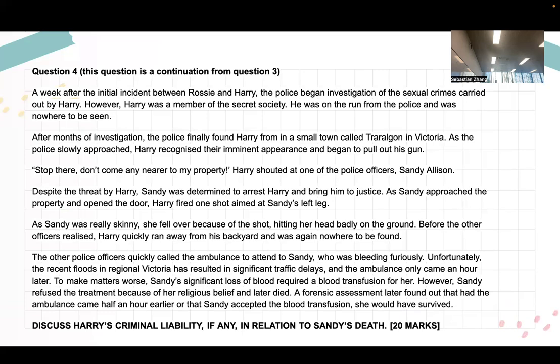We allocated about 8 marks out of these 20 marks to murder. And we said that we will continue with manslaughter. So I'm going to give you guys some time to discuss and find an appropriate structure for this.